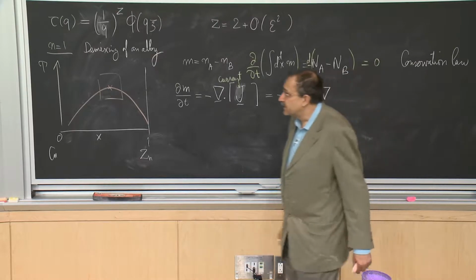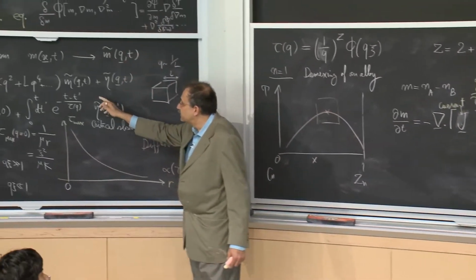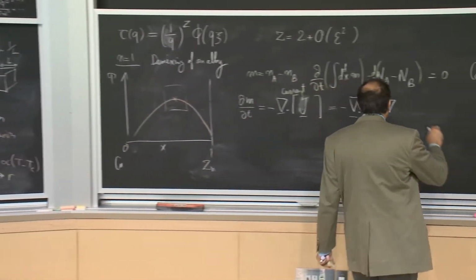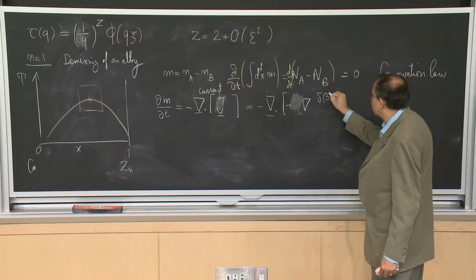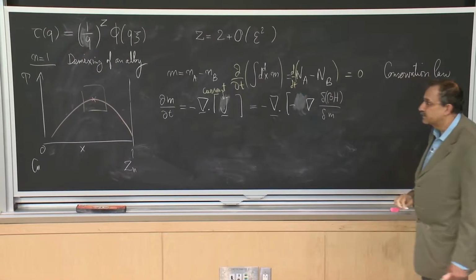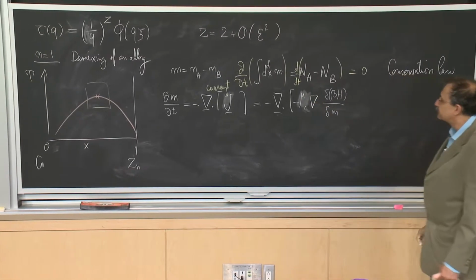The equilibrium state, as we said, is determined by this beta h, and we want to push it in that direction. So we put our d beta h by dm over here. And we put some kind of a mu over here.